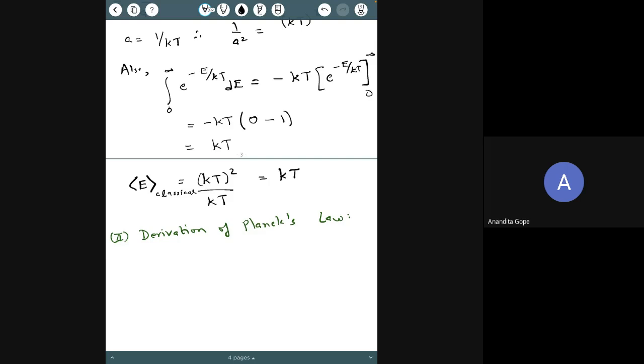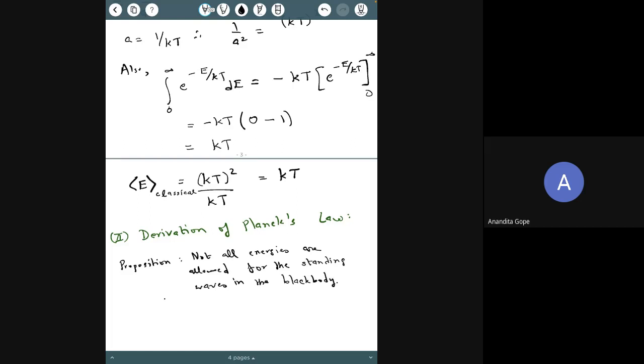But, okay. So now for the derivation of Planck's law, what was the difference that Planck proposed? So Planck's proposition was that not all energies are allowed for the standing waves in the black body.